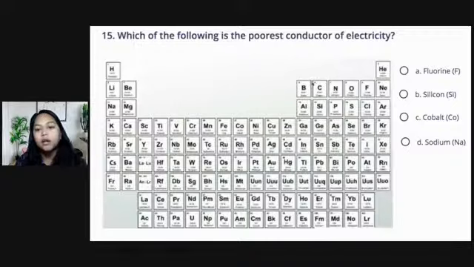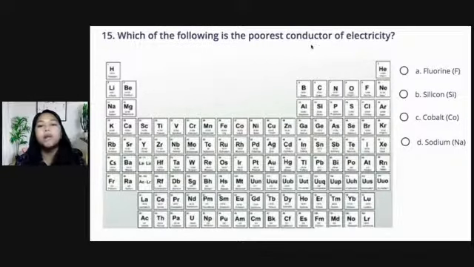Okay, so again, boron, Si, Ge, As, Sb, Te, Po, these are metalloids. Okay, they have both characteristics of metals and non-metals. Going to the right of your metalloids, these are non-metals, and the rest of those are metals.